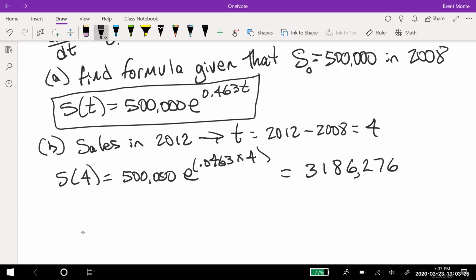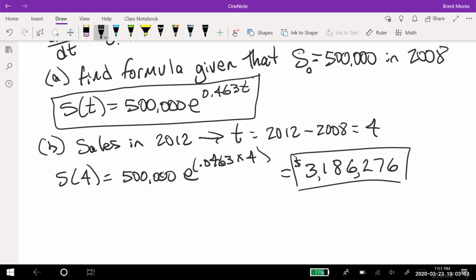That's almost $3.2 million in sales after 4 years. That's how quickly things can grow with exponential growth. It was only 500,000 4 years ago, and now they're up to almost $3.2 million in sales, because we had such a huge growth rate of 46.3% per year.